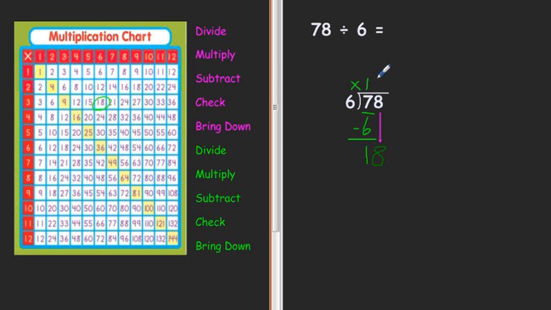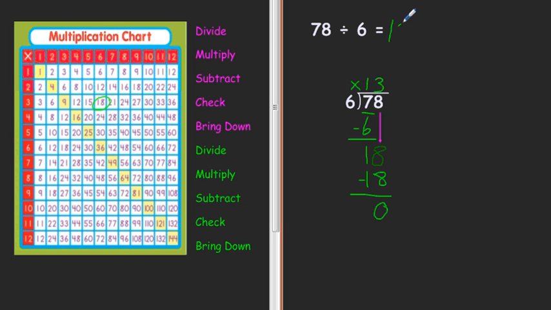So up here, I'm going to put a 3. And again, I divide, multiply, subtract, bring down. Divide, 18 divided by 6. Multiply, 3 times 6 is 18. Subtract, bring down. And there is nothing left to bring down. So my quotient is 13.